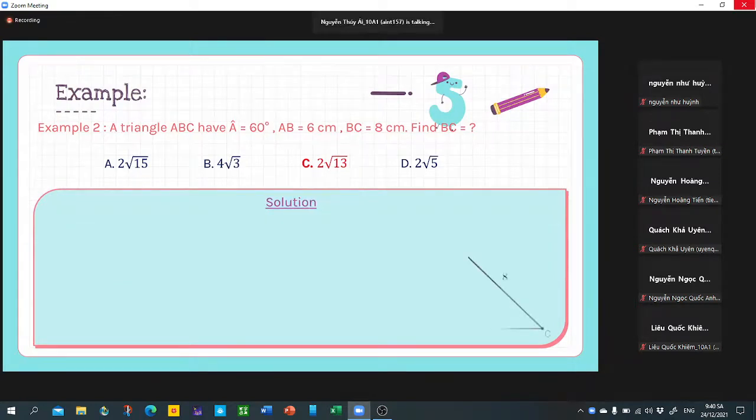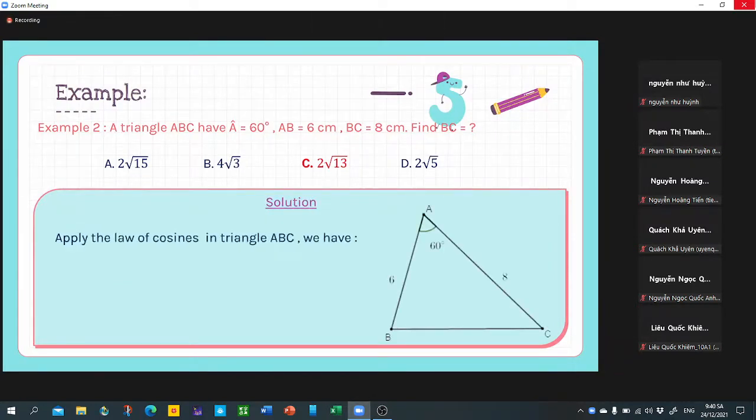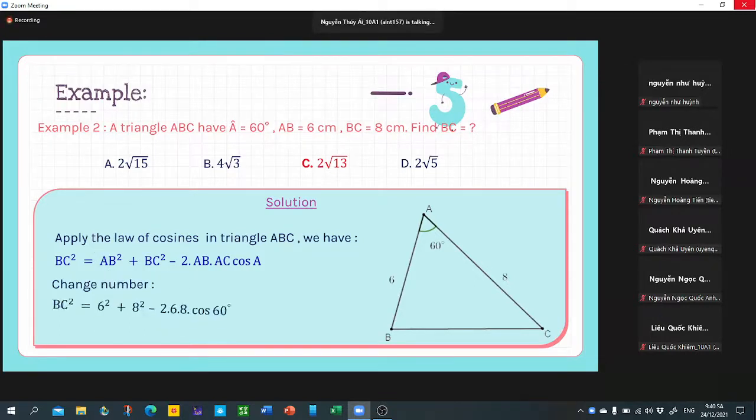The solution is to apply the law of cosines in triangle ABC. We have BC squared equals AB squared plus AC squared minus 2 times AB multiplied by AC multiplied by cosine A. Putting the numbers in, we get BC squared equals 6 squared plus 8 squared minus 2 times 6 times 8 times cosine 60 degrees.